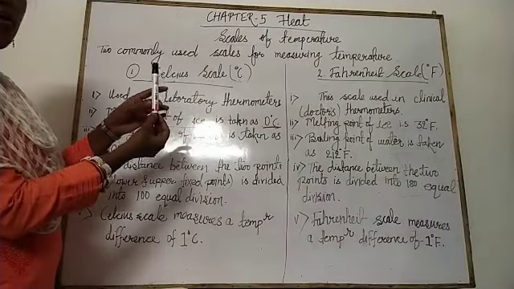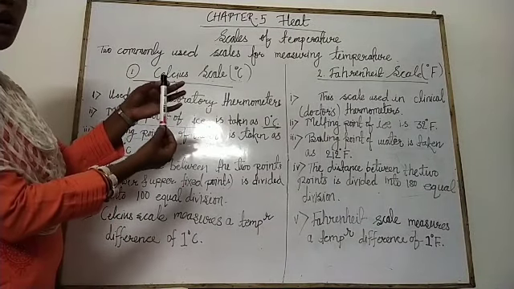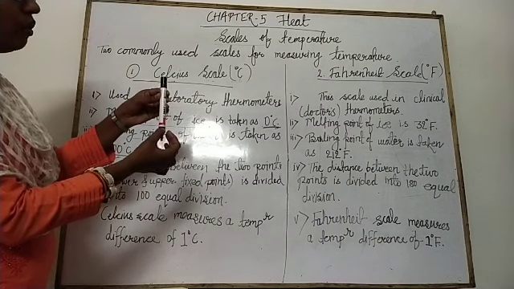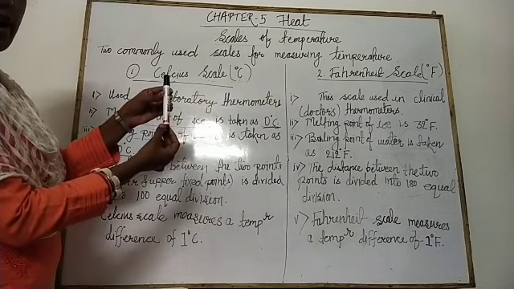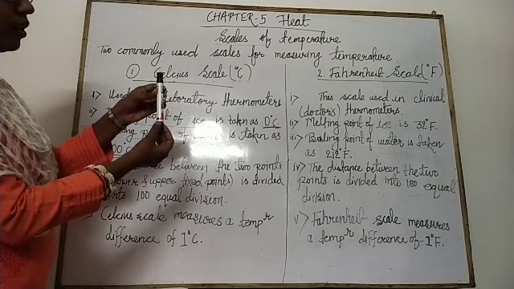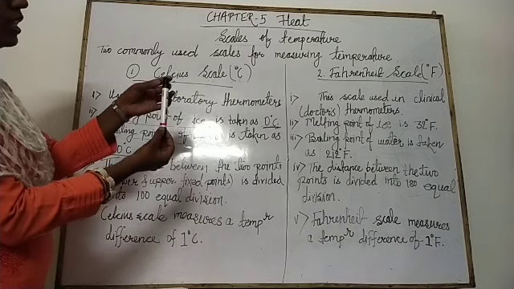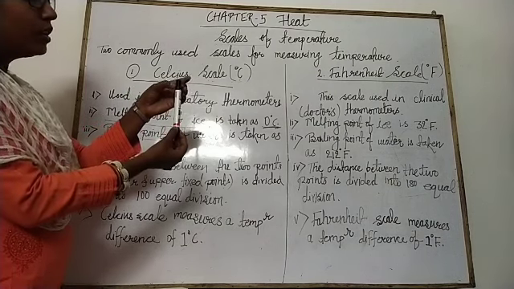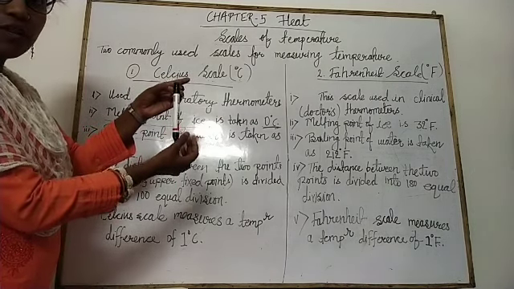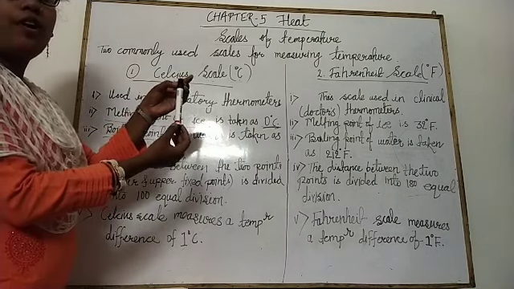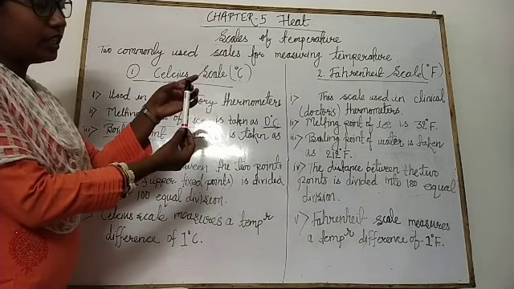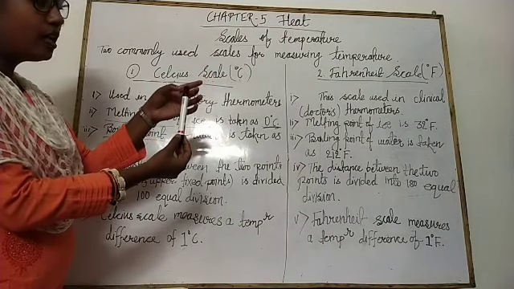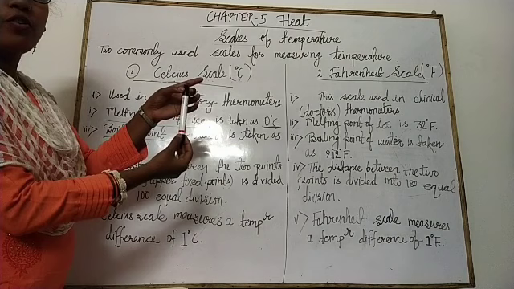This is the lower fixed point, and this is the upper fixed point. The lower fixed point is also the melting point of ice. The scale starts at 0 degree Celsius and ends at 100 degree Celsius. So 0 degree Celsius is the lower fixed point and the melting point of ice, and 100 degree Celsius is the upper fixed point and the boiling point of water.